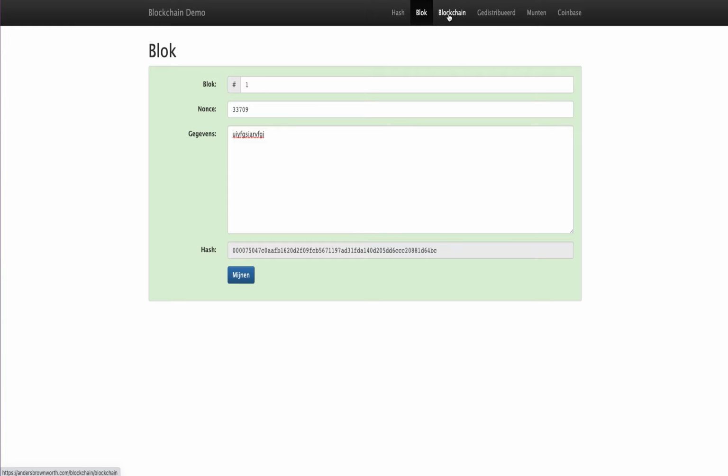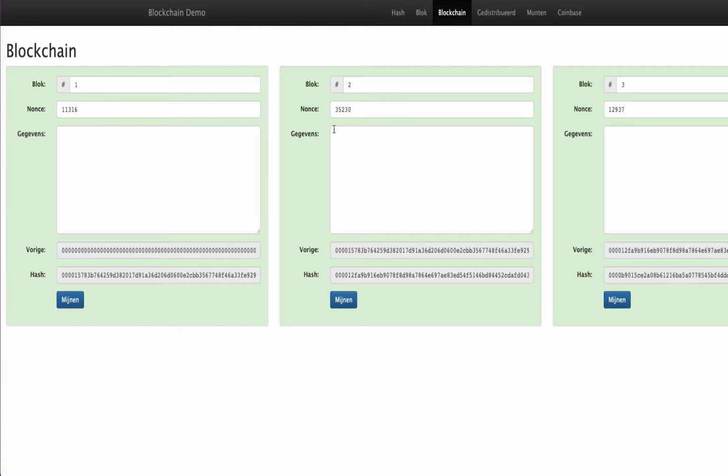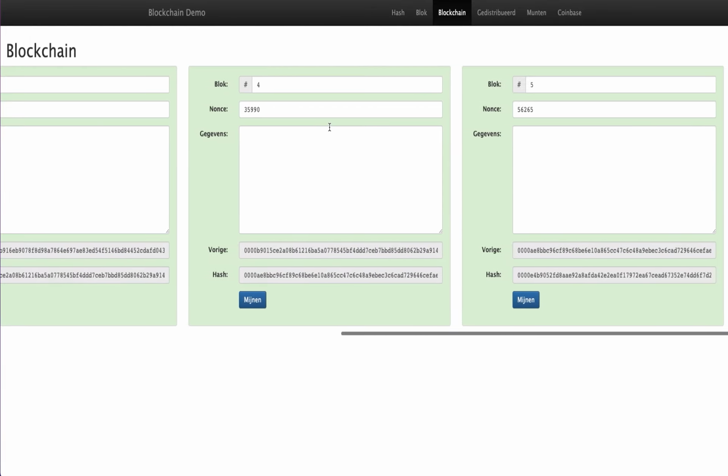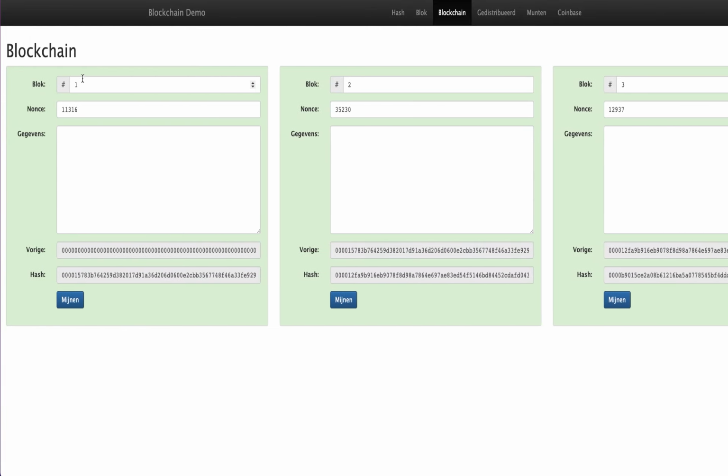And now we go to the blockchain. We see multiple blocks. We see that the blocks have block numbers, nonces, data sections, all like the previous block, and a hash, of course.